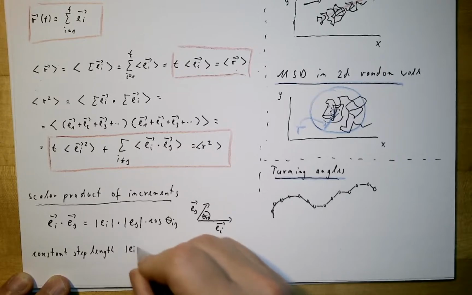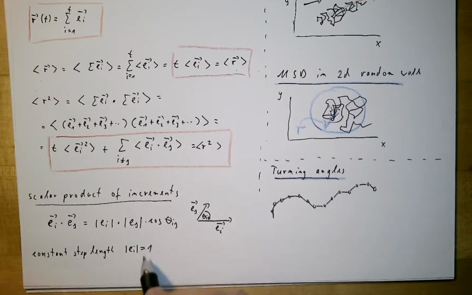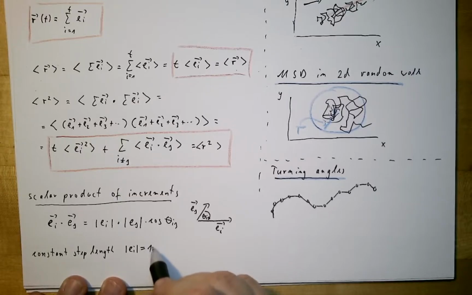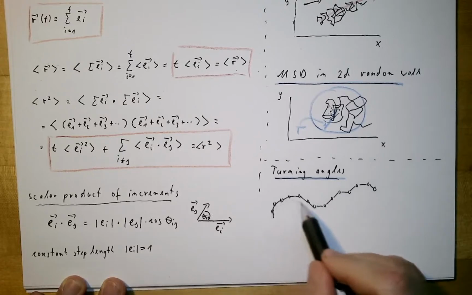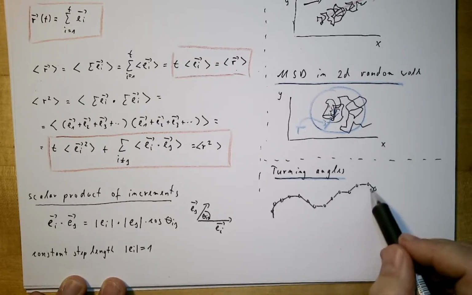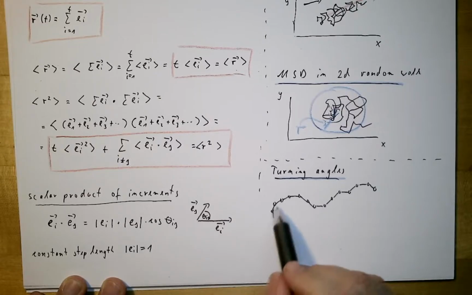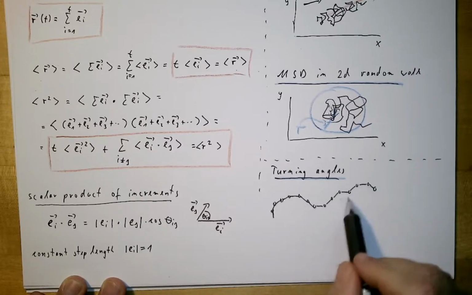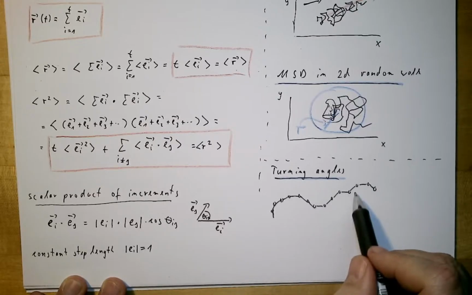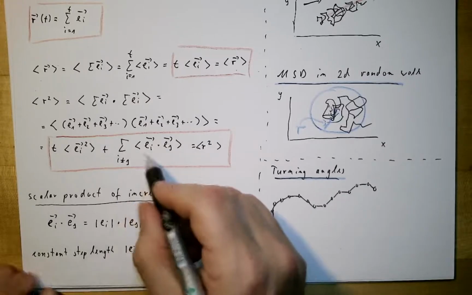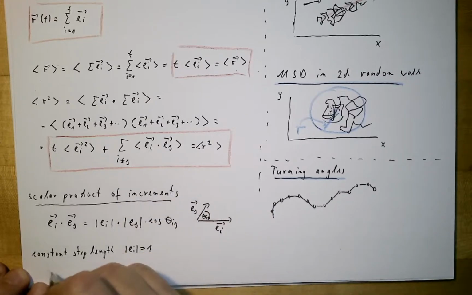So when we say the absolute value of the increments is some constant, we can set it to 1 here, but it could be some typical scale S. And then the randomness of the motion of the walk comes only due to the turnings, or to the change of directionality.